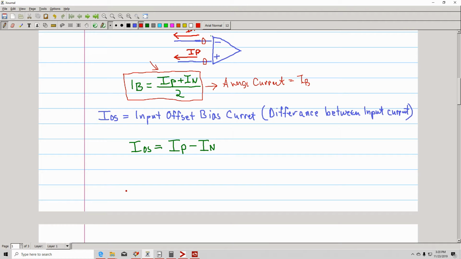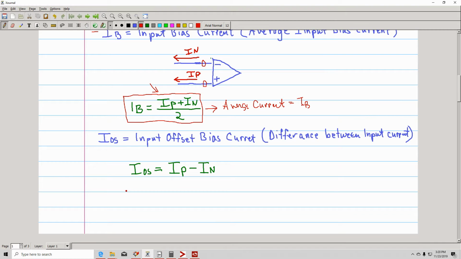Now we have the input offset current, IOS, and that is the difference between the two input currents. In other words, these will never be matched. IN and IP are always going to have a little bit of a difference. So the definition of IOS is basically IP minus IN, the difference between the currents.